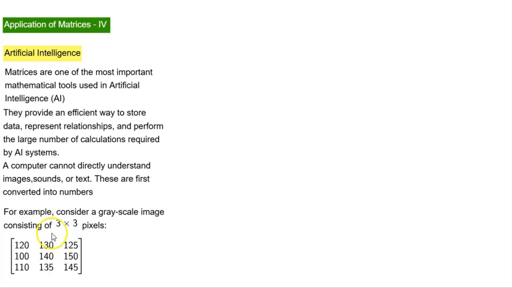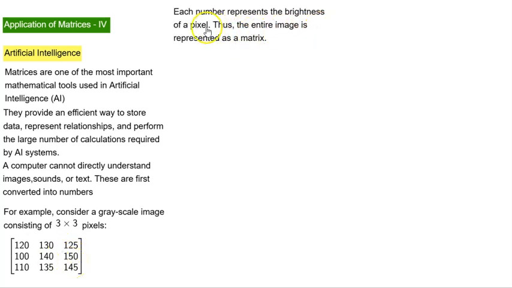Which means a 3 by 3 matrix will contain 9 elements in 3 rows and 3 columns. And these represent the grayscale or the brightness of the pixels. So each number represents the brightness of a pixel, thus the entire image is represented as a matrix.